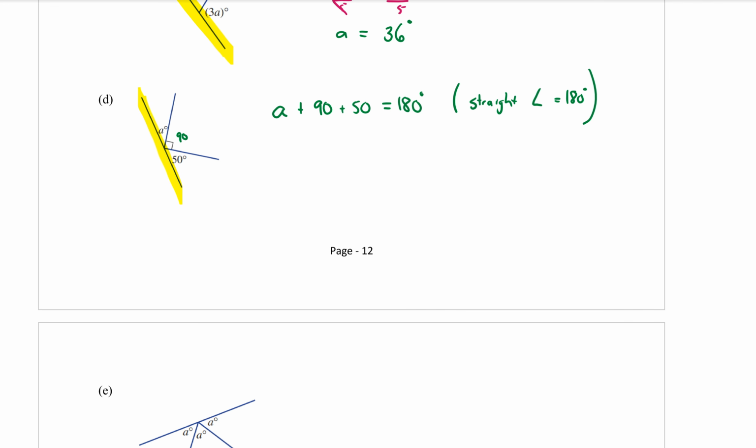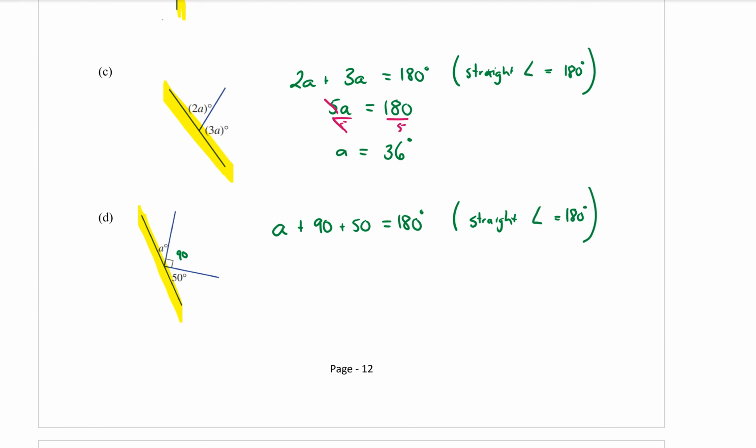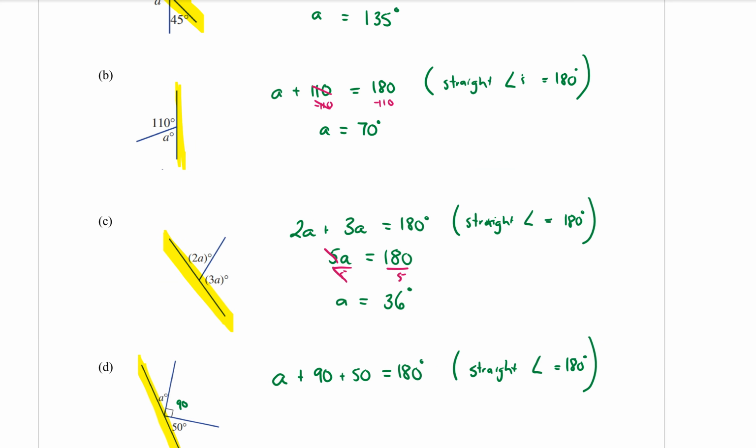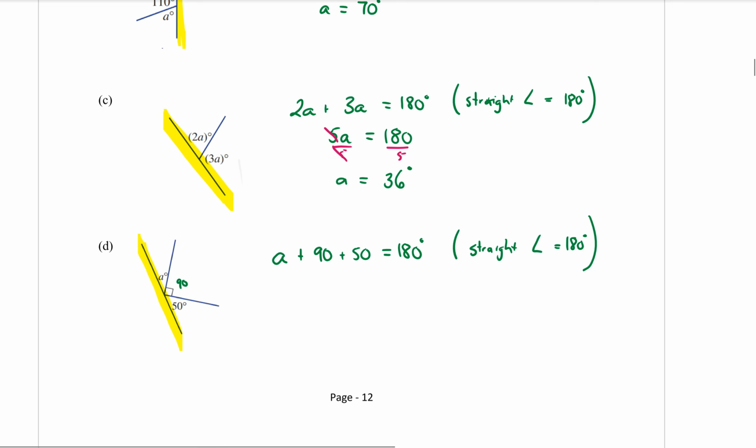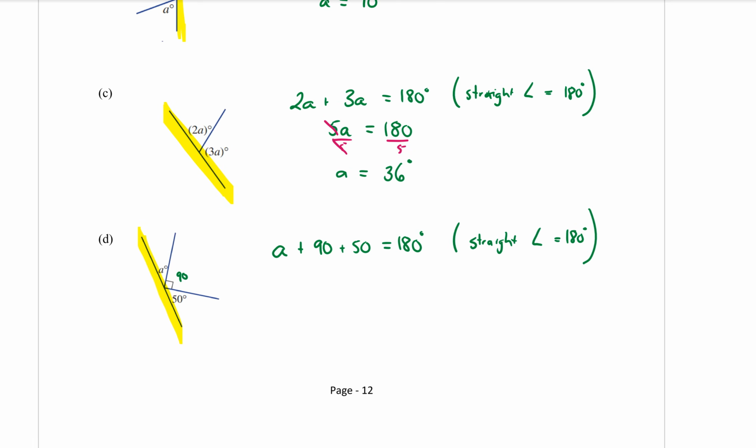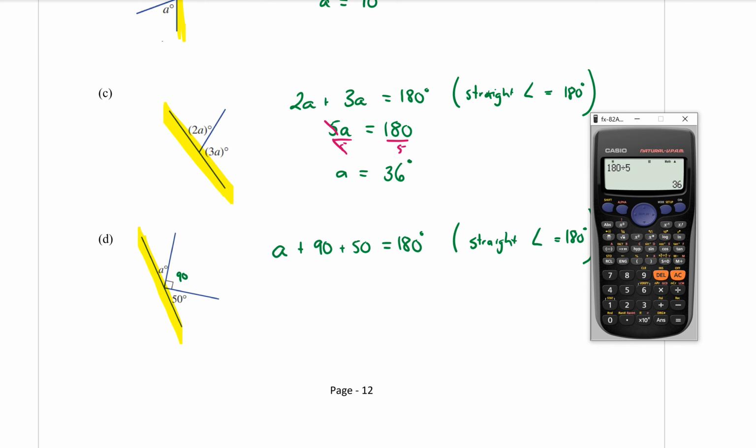Now, this is where you might want to start showing a little bit less of the parts that I'm writing in red, where I'm showing how I'm doing my opposites. To find the A by itself, I want to subtract the 90 and I want to subtract the 50. Now, I could do it one at a time, or I could add them together, or you could just get your calculator out and go 180 minus 90 minus the 50, taking away the 2 angles that we don't want.